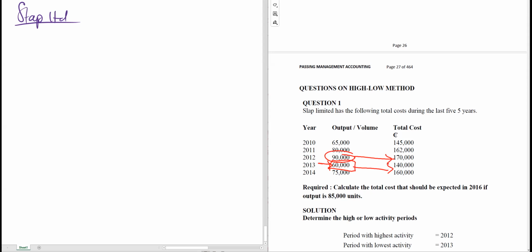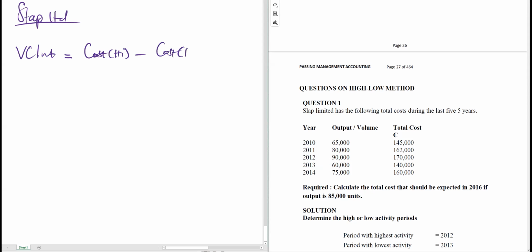We all agree. So what's our variable cost per unit?